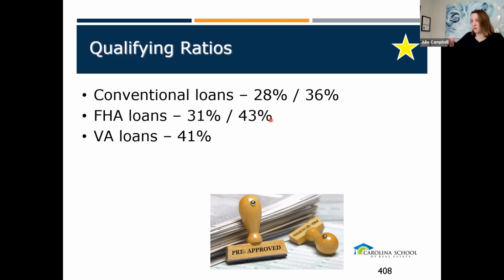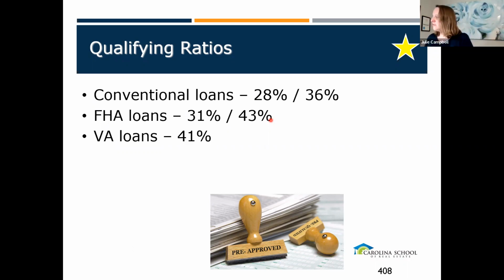So what we're going to focus on in this class is the conventional loan. Tomorrow night is when we're going to talk about what that 28% means. I may even get started a little bit on it tonight, but the math we're going to look at is going to look at two ratios.